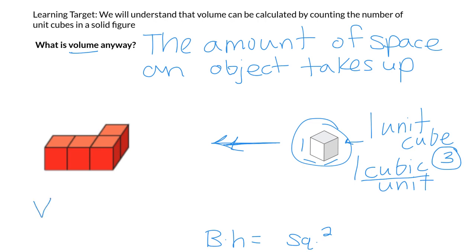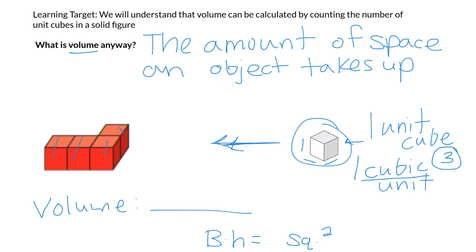So underneath here, I'm just going to write volume. Oh, my marker's a little bit off today. I'll work on that. And then we're going to count how many cubic units are in this solid, which I'm going to mark on top of this with my marker so that you can see them. 1, 2, 3, 4.